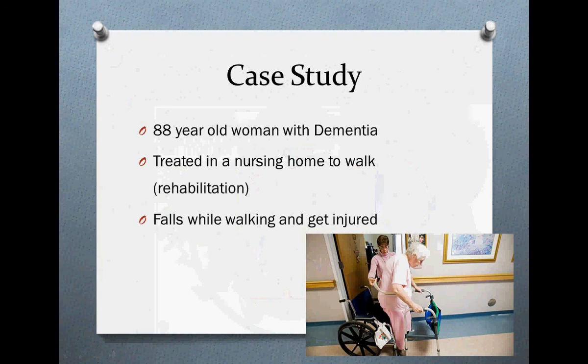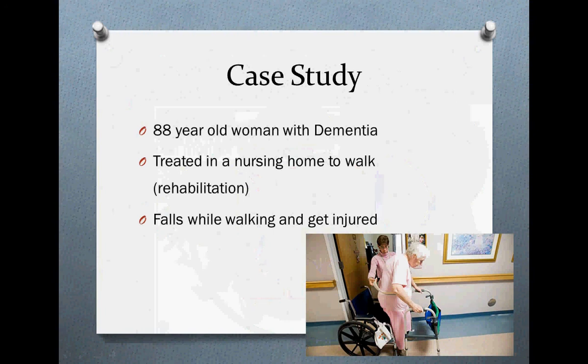So to move on to our case study, this is a case study of an 88-year-old woman with dementia. She is being treated in a nursing home, and while being treated for dementia, she is also being rehabilitated to walk. First of all, she is under psychological restraints, which, like I said before, is a less restrictive method.